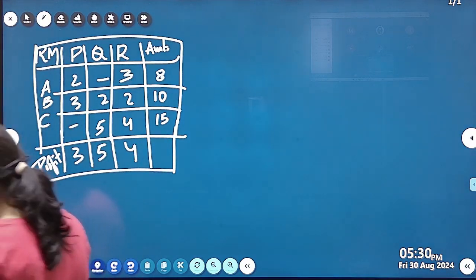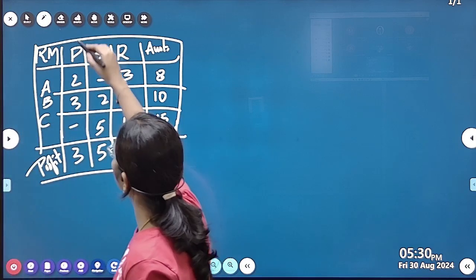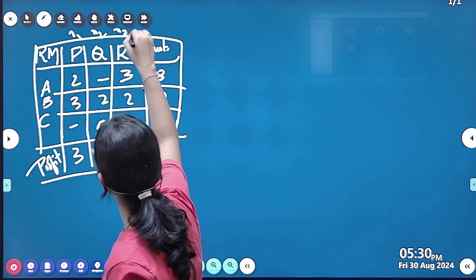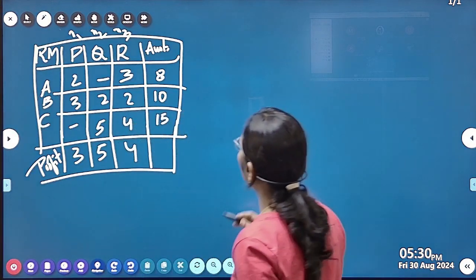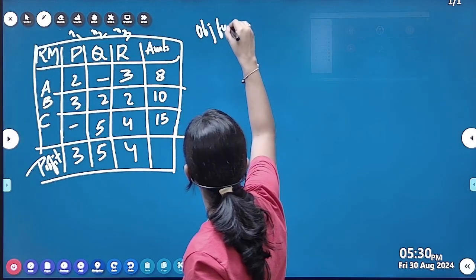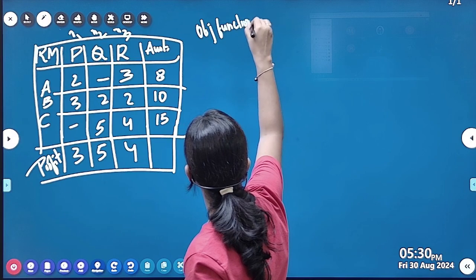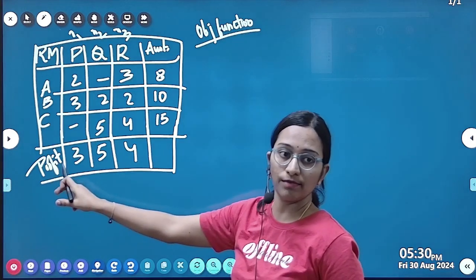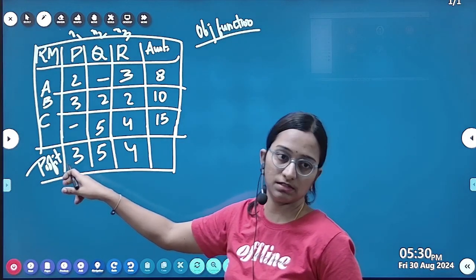Okay, so let us think of this P, Q, R as x1, x2 and x3. So now what will be the objective function? Profit. Profit should always be maximized.